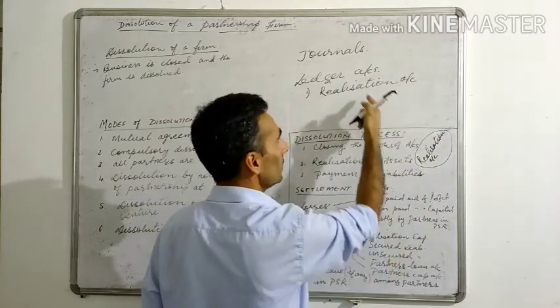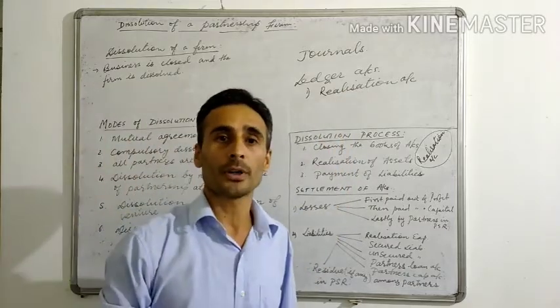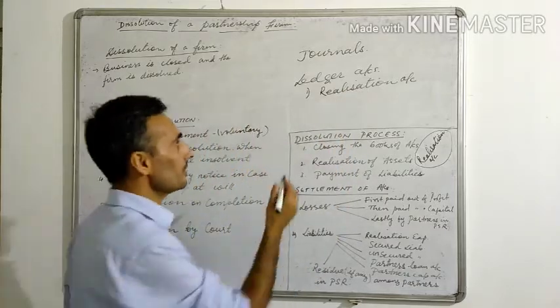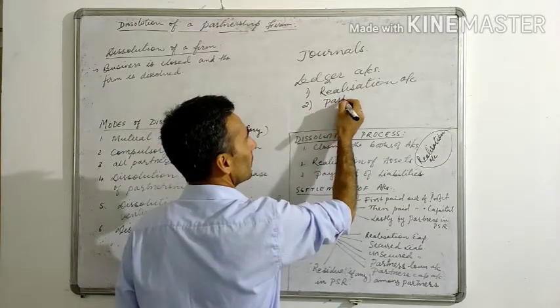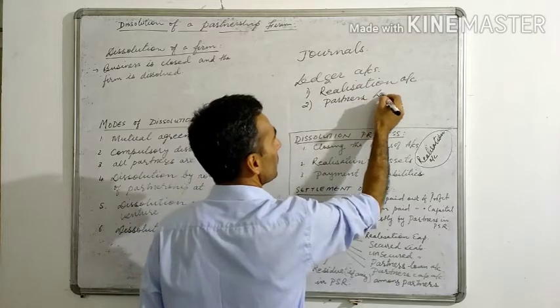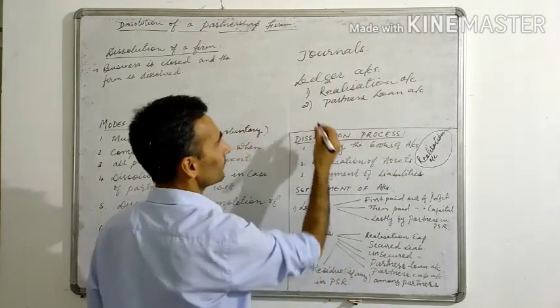As I explained here, the objective of realization account is to find out the profit or loss on realization. Number 2, partners loan account, that means payment of the loan here.